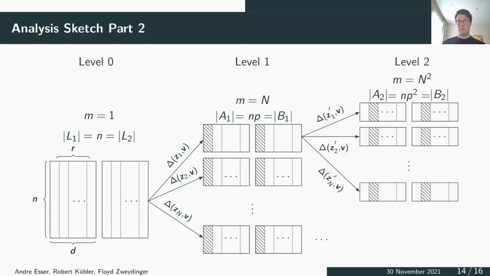If we reapply this analysis now for the second level, clearly we have only n times p squared elements which survive the second filtering step. And because we are creating n new leaves for each of the previously n existing leaves, we result in a total amount of n squared leaves for the second level.